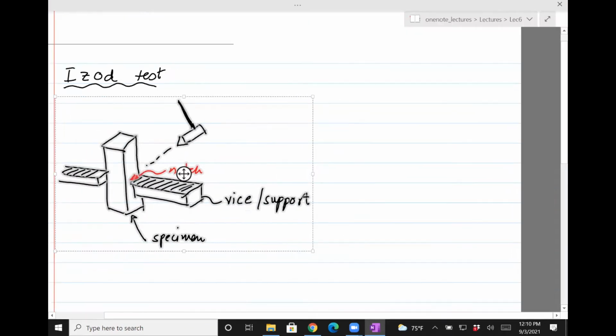The Charpy test, on the other hand, the specimen is put horizontally, something like this.